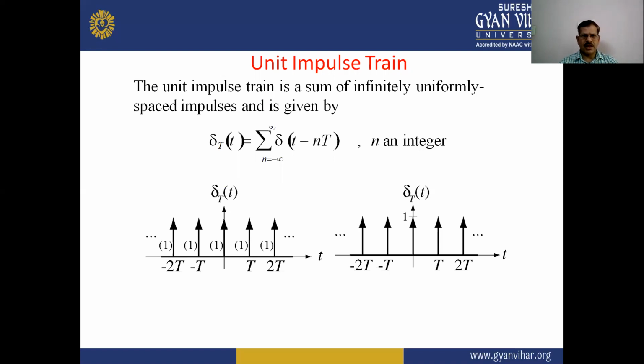And this is the unit impulse train, as shown in this graphical diagram, drawn between delta T(t) versus time.